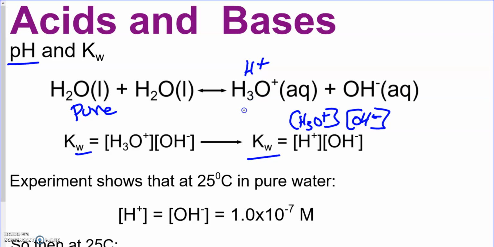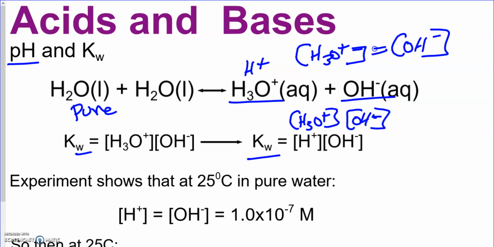So understand with this, our mole ratio: how many hydroniums are being produced for how many hydroxides? Well, it's a 1-to-1 ratio. For every hydronium that's produced, there's one hydroxide that's produced, which means at any given point in time in pure water, the concentration of hydronium is equal to the concentration of hydroxide, which means we end up with what is called a neutral solution.